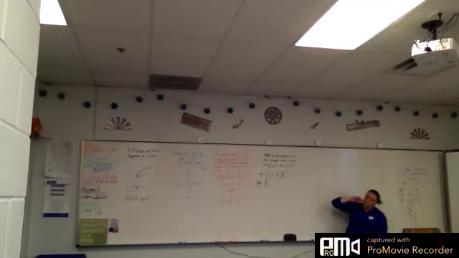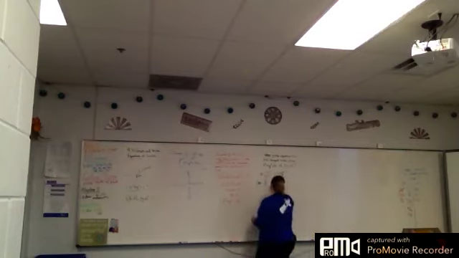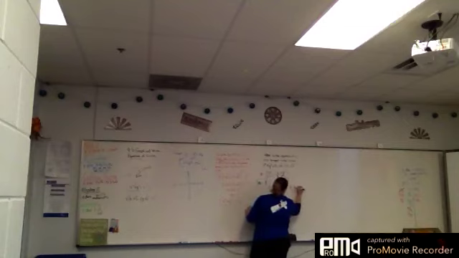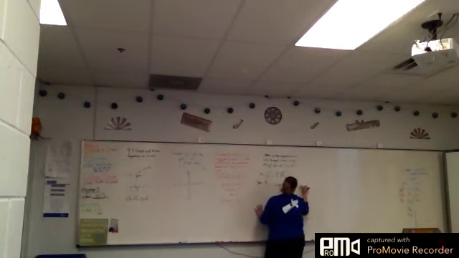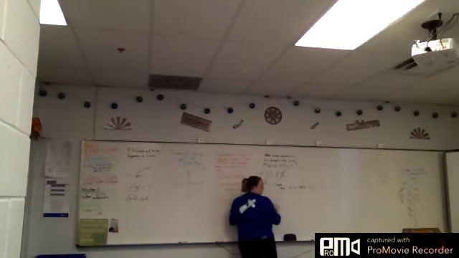Do I have a point? Yes. So point slope form. What does point slope form look like? y minus y1 equals m times x minus x1. Good. Here's my slope, here's my point.